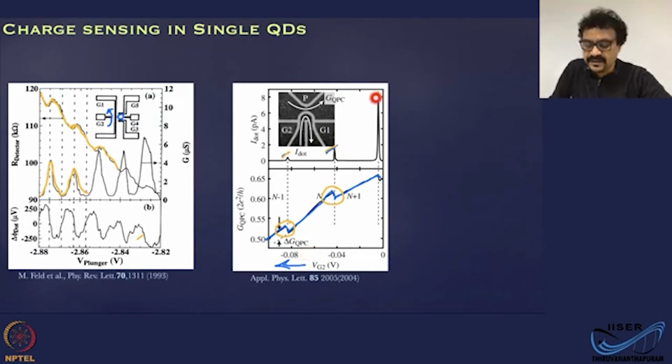This is already in the picoampere scale, a fraction of a femtoampere now. But the signal from the quantum point contact, which matches with these transitions, is unaffected by the decrease in the tunnel rate, and that is the main advantage of using a charge sensor in place of a current sensor.